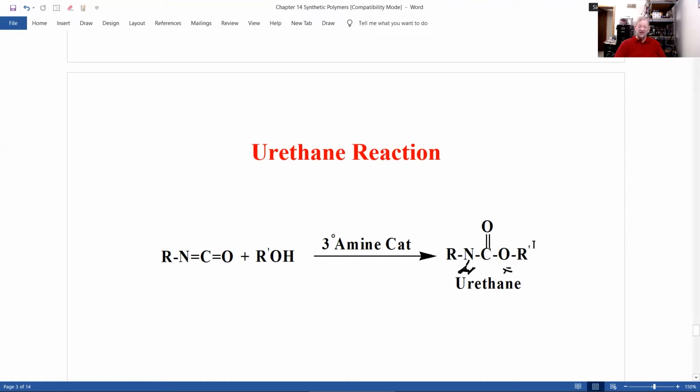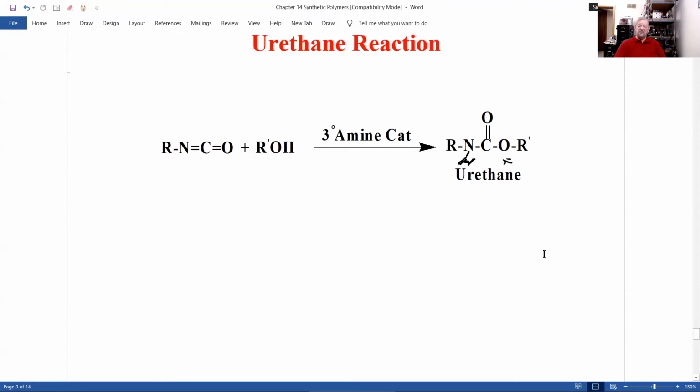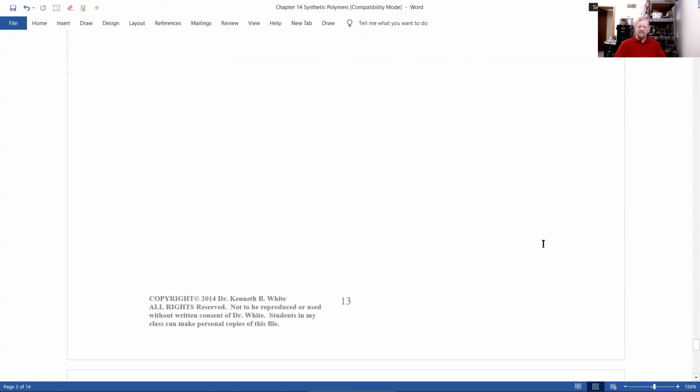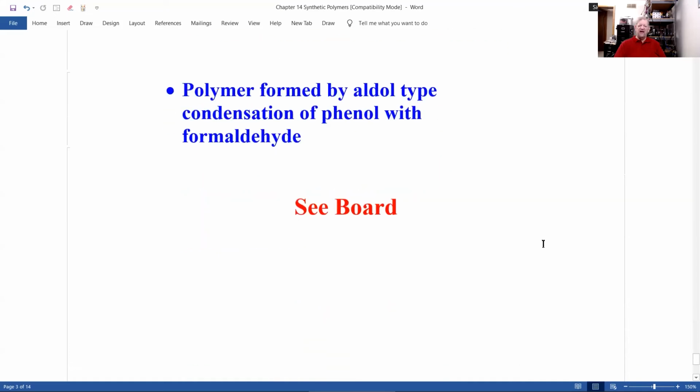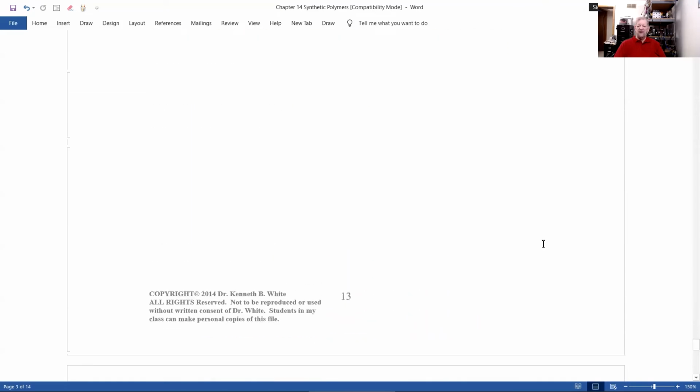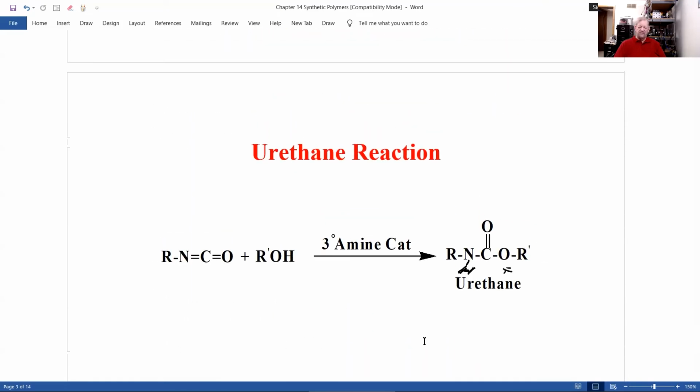And urethane is a very good molecule or polymer when you need stability. By the way, we'll talk about this in a lab next week, not this week.